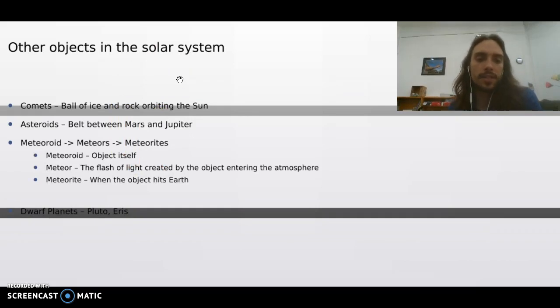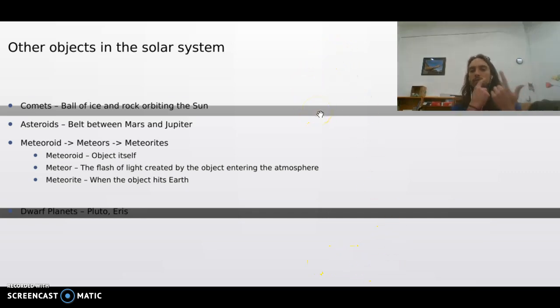So, other objects in the solar system, we have comets. When you think about a comet, you think about Halley's Comet. That's like the 80-year comet. Most of you will have been able to see that twice in your lifetime. Comets are essentially just big balls of ice and rock orbiting the sun. Halley's Comet, how my colleague Alex presented it, kind of gets slingshot around the sun.